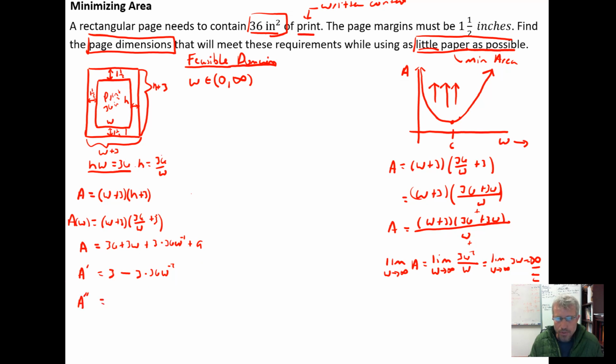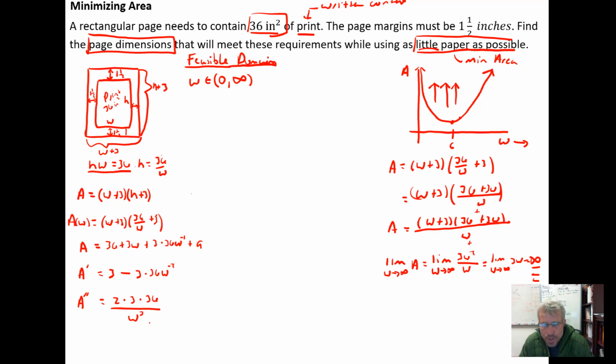So here's my derivative. And in fact, if I wanted to, if I had some interest, I could take the second derivative. So I'd get the derivative of 3 is 0. The derivative of the next term, the -2, is going to come down and cancel the minus sign right there. So I'm going to get +2 times 3 times 36 times w to the -3rd power, which is the same as putting the w in the denominator position to the +3rd power.